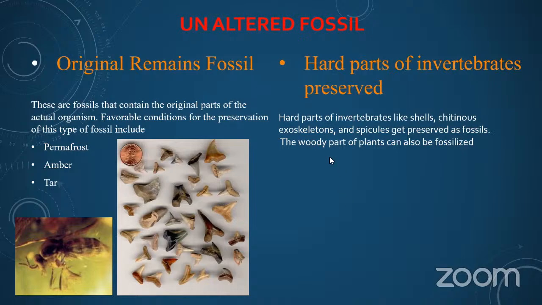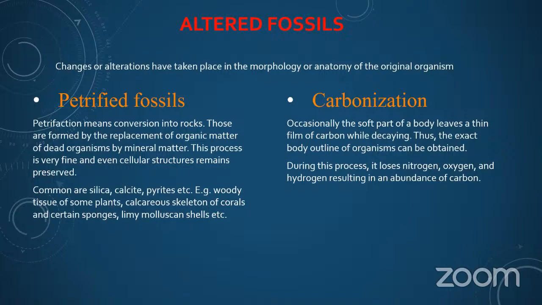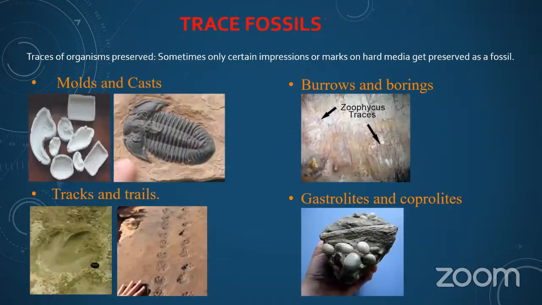Next, altered fossils. Changes or alterations have taken place in the morphology or anatomy of the original organism. Here we can find petrified fossils and the carbonization process. Next, in trace fossils, molds and casts will be the same as the original, meaning the animals are not losing their original body shapes.